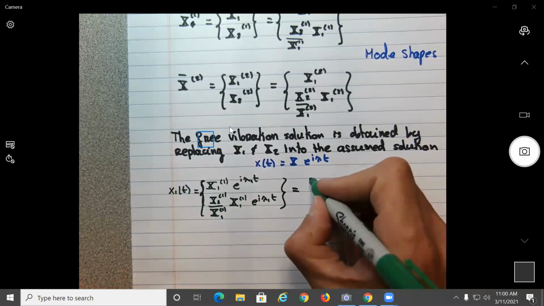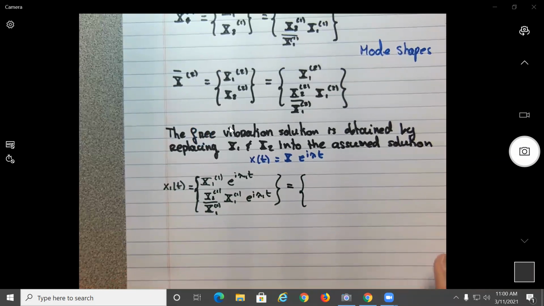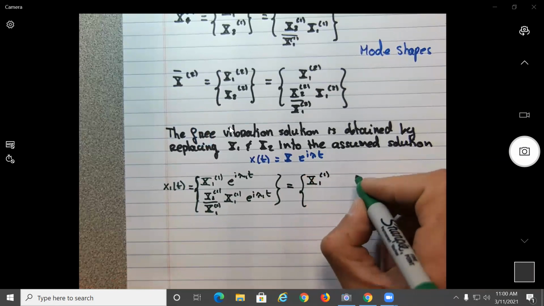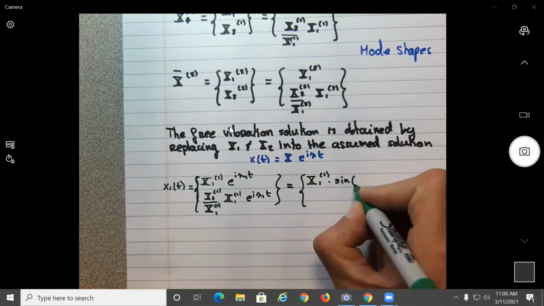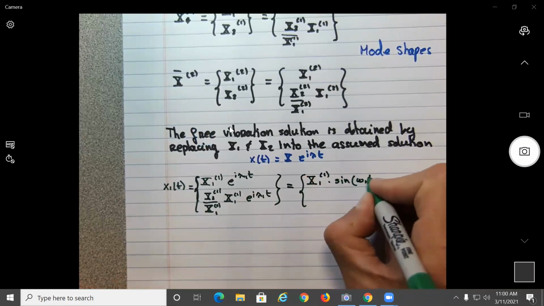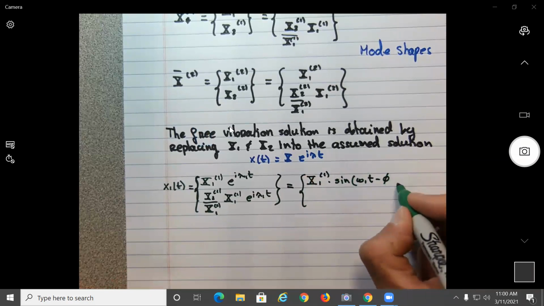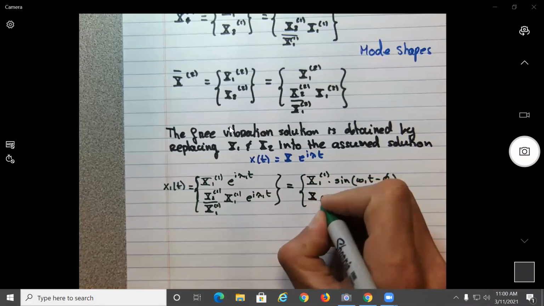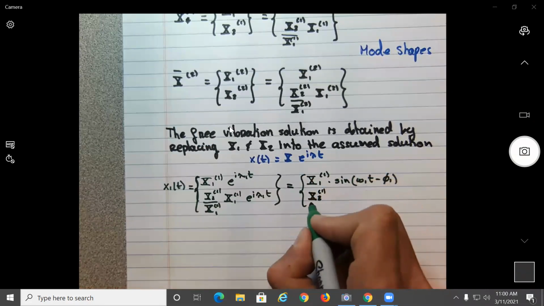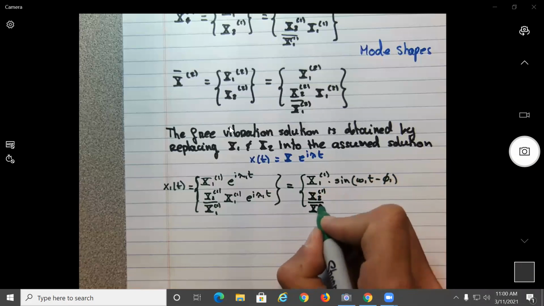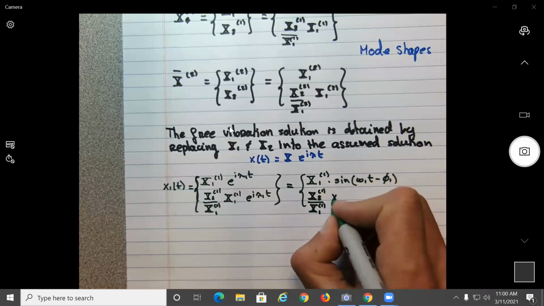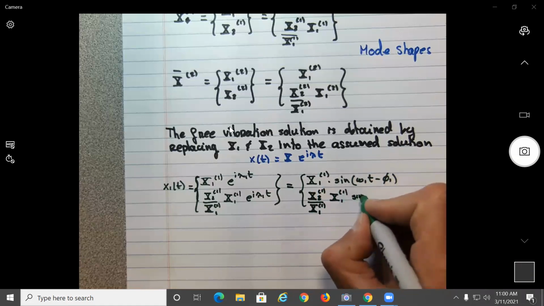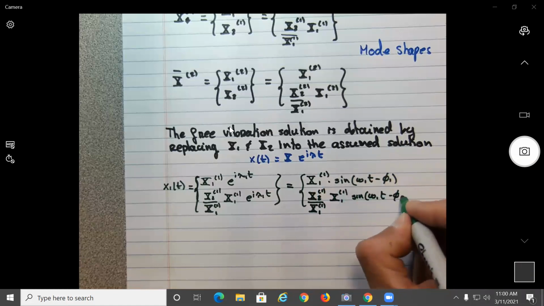And this, without going into too many details, will be equal to x1,1 sine of little omega 1 t minus phi 1, and this one would be x2,1 divided by x1,1 times x1,1 sine omega 1 t minus phi 1.